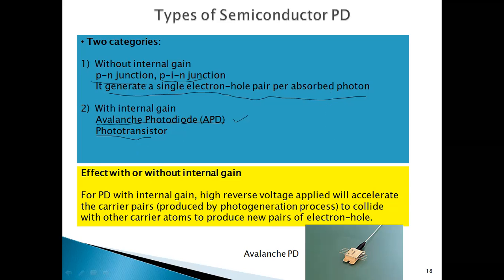So there are two mechanisms of carrier pair generation in a photodiode with internal gain. The first is the primary photon absorption, where carrier pairs are generated. The second mechanism is the collision of the carrier pairs with other atoms, which then produces new electron-hole pairs.